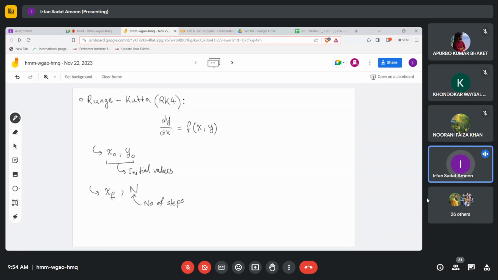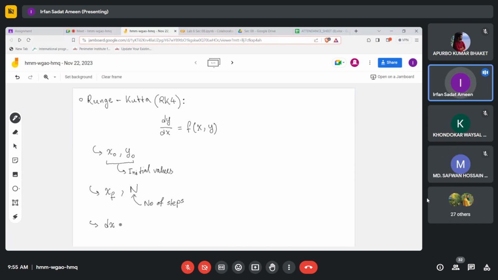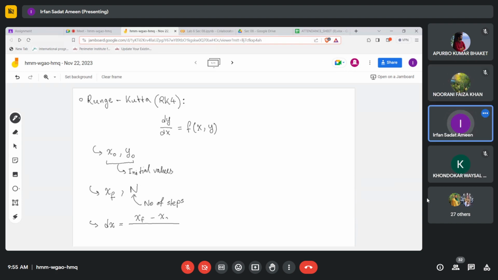Also, if you choose that value, it will make the dx for you, the step size. So we have to make dx like before. How do we make dx? Final value of x minus initial value of x, divided by n. Okay. So far this is exactly the same as the Euler method.